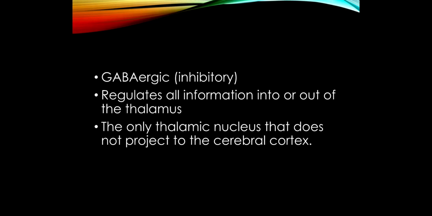Or if you're in a zone studying and you want to just tune everything out, then the GABA would be very active, so that you're not thinking about all that sensory input. So that appears to be the function of the external medullary lamina, to sort of appropriately inhibit areas that aren't needed as much. This is the only thalamic nucleus that doesn't project to the cerebral cortex. It has a local effect, shutting down specific areas of the thalamus.